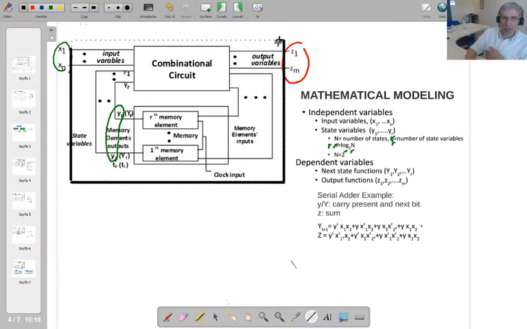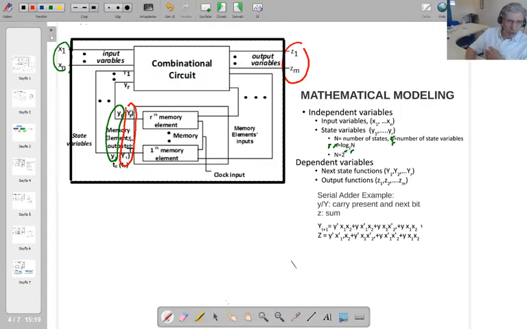That red thing here is the output, and that green thing here is the input. This is an independent variable, and this red thing here is a dependent variable. This small y is also an independent variable. The other dependent variables are the next state functions. So here you are: dependent variables, next state functions, and the output functions.